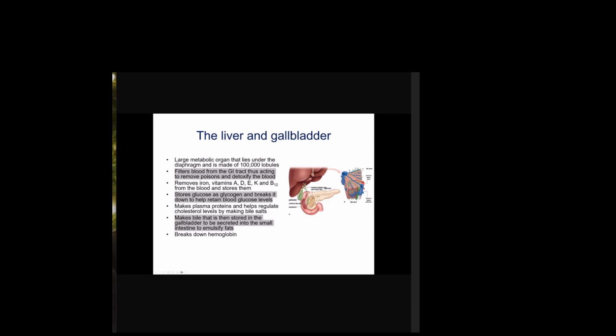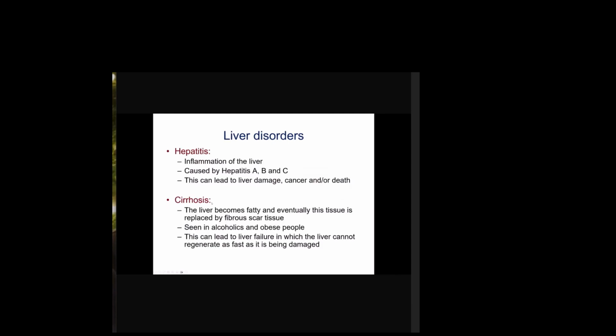And then I said it makes plasma proteins that will help to regulate cholesterol as it makes bile salts. When it makes the bile, it is then stored in the gallbladder, which will subsequently be delivered into the duodenum as needed. It breaks down hemoglobin in forming the bile.